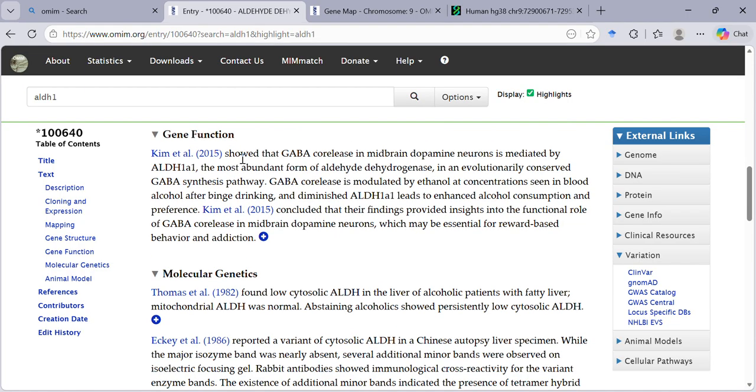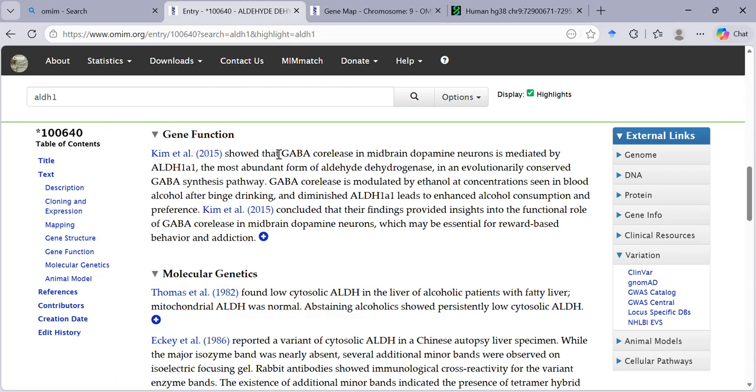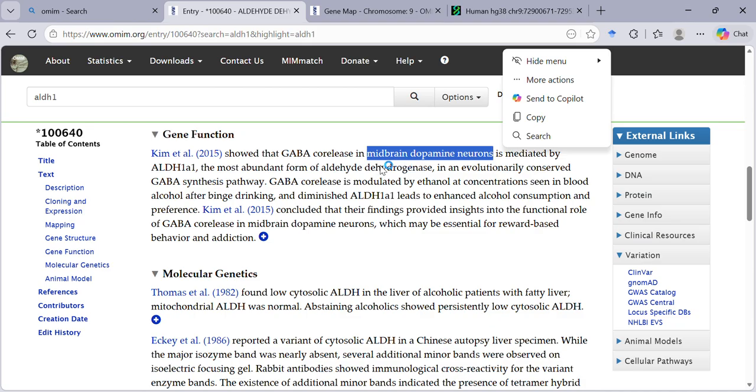Then comes the gene function. The function is important because whatever the gene is doing affects the phenotype of your patients. For this particular gene, in 2015, Kim et al. studied and showed that GABA correlates in the midbrain dopamine neurons. So you can see it is very important for neurological disorders. The GABA pathway is involved, and midbrain dopamine neurons are going to be affected.